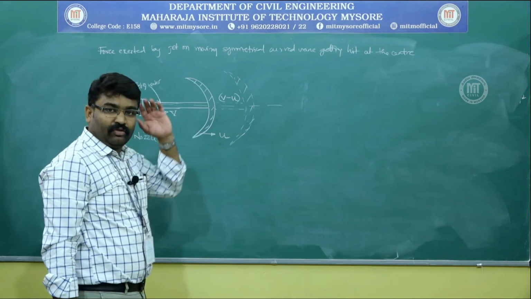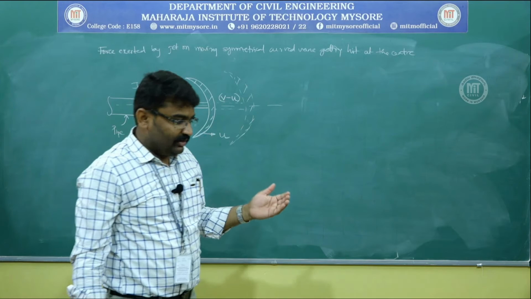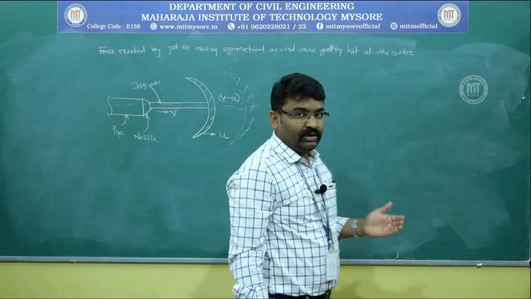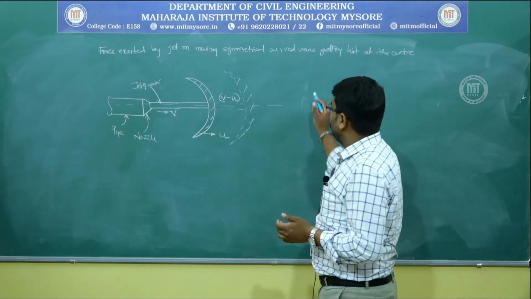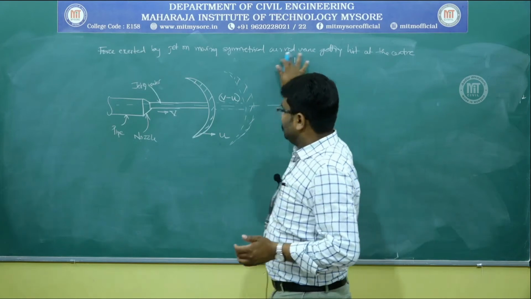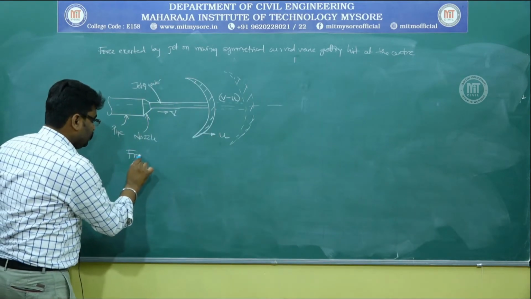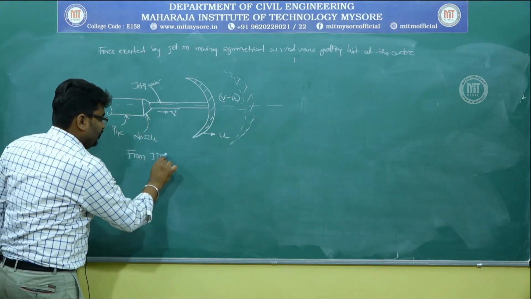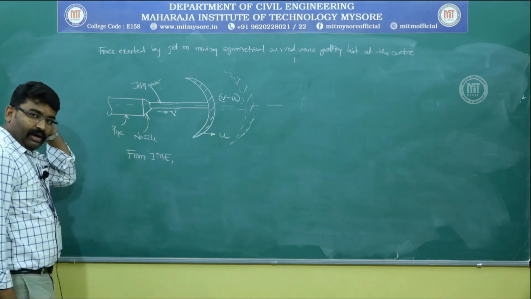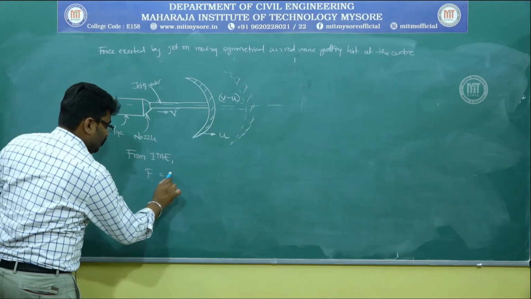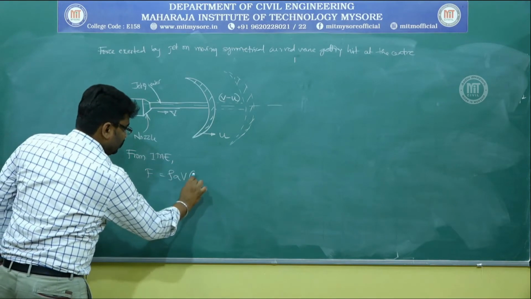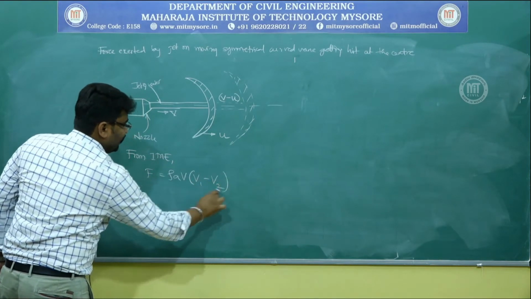So, how do I find out the force exerted? Again, for the force exerted to be found out, we have the impulse momentum equation. So, from impulse momentum equation, what do I have? F is equal to rho a v into v1 minus v2.